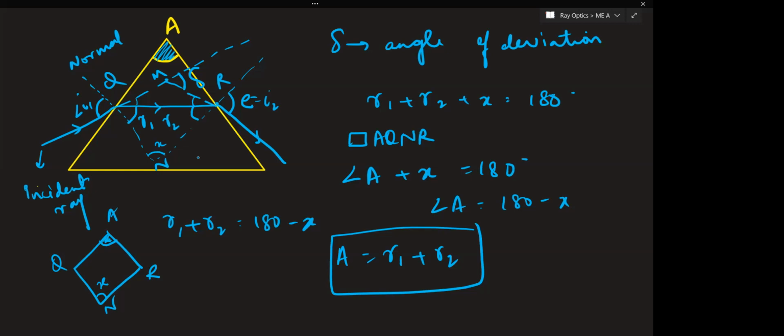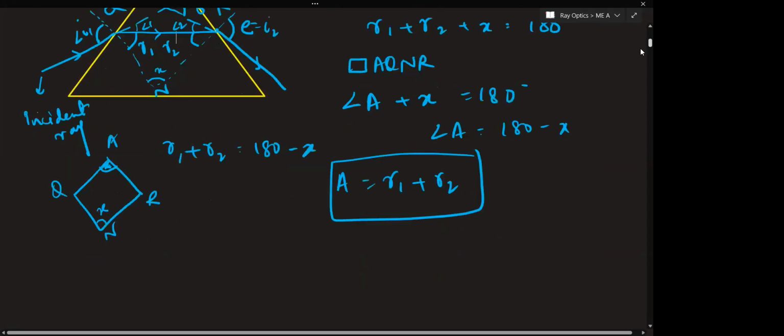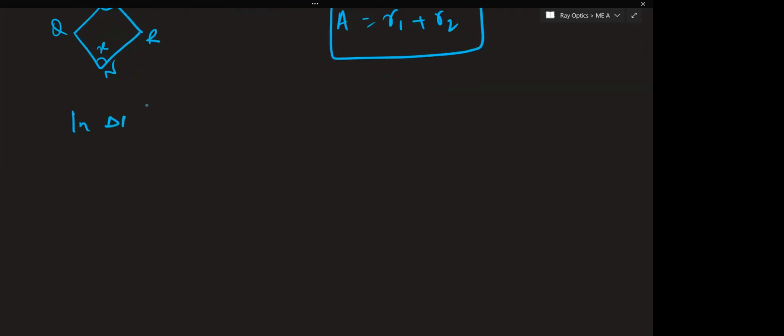Let's say this is angle 1 and this is angle 2. So in triangle MQR, delta becomes equal to angle MQR plus angle MRQ, which I have mentioned as angle 1 plus angle 2. This is delta.